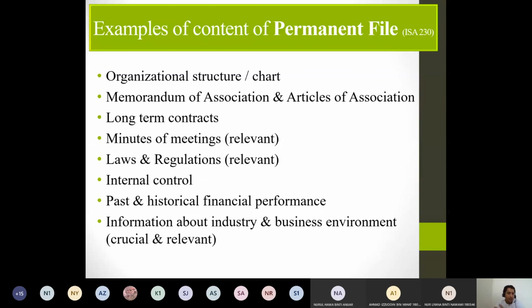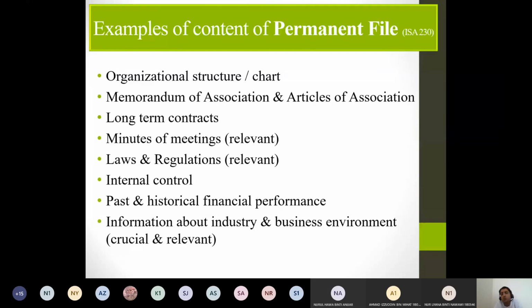Especially, remember we discussed in class the amendment, the new Company Act 2016. That may be one of the regulations that should be included in the permanent file, especially in the years following the issuance of the Company Act.